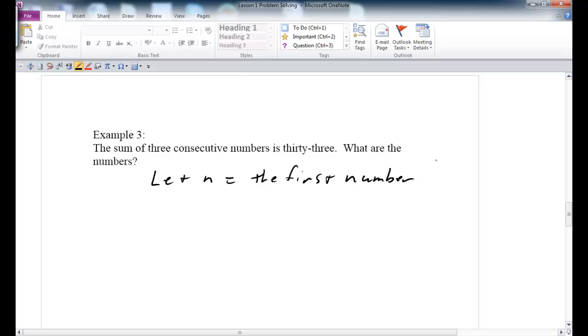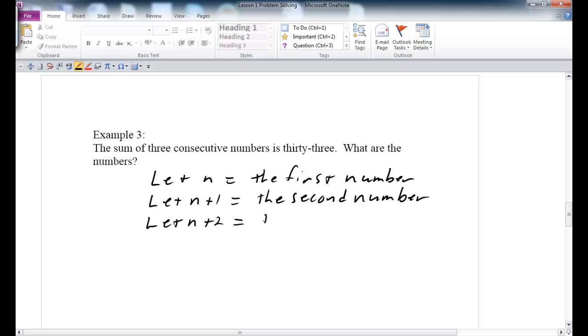Well, a consecutive number is just one more than the previous number. So let's say this. Let n plus 1 equal the second number. And then, of course, we want 3 consecutive numbers. So then let's say let n plus 2 equal the third number.